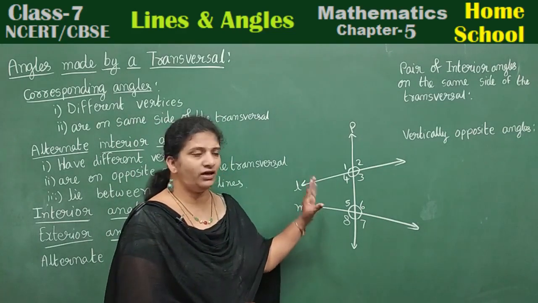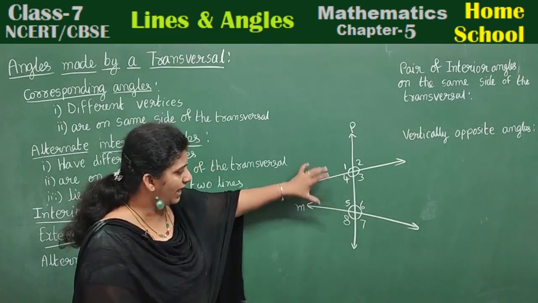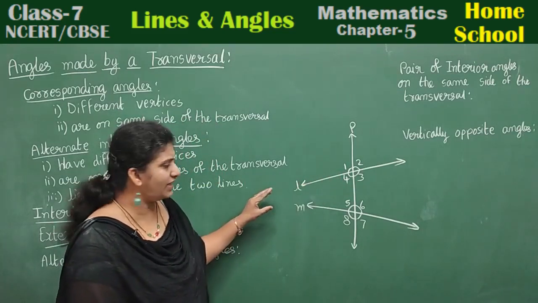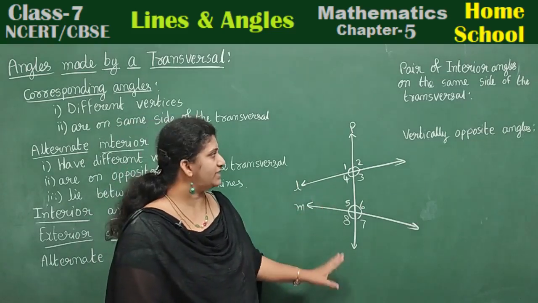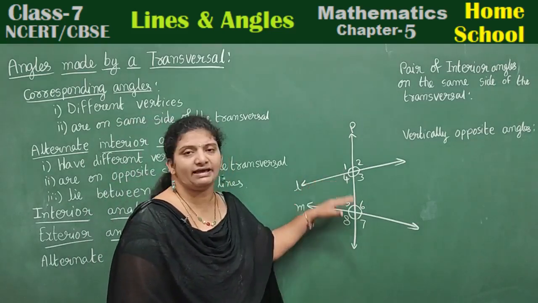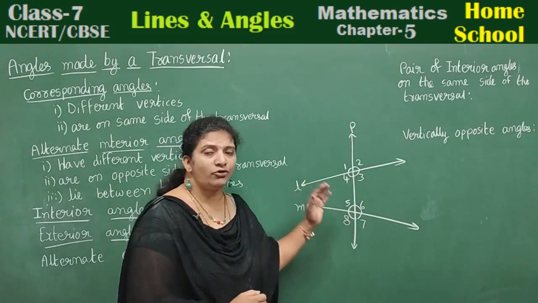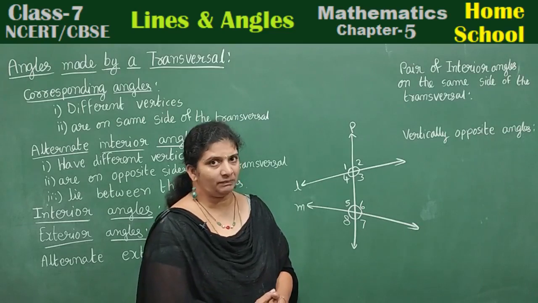Observe here carefully, these 2 lines are not parallel. Line L and line M are not parallel. If they extend, they may meet at some point. A transversal drawn for 2 lines, line L and line M, makes 8 angles.